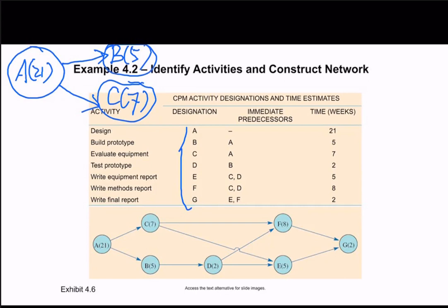For example, we have the path A to C to F to G. But after A to C, the C could go to F or to E. So we have another path over there. And if you go to E, then we have E to G. So this is another one.